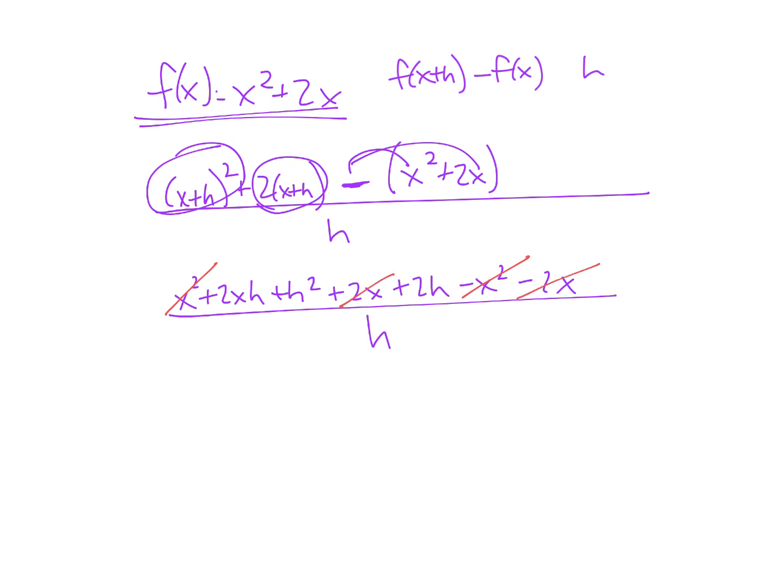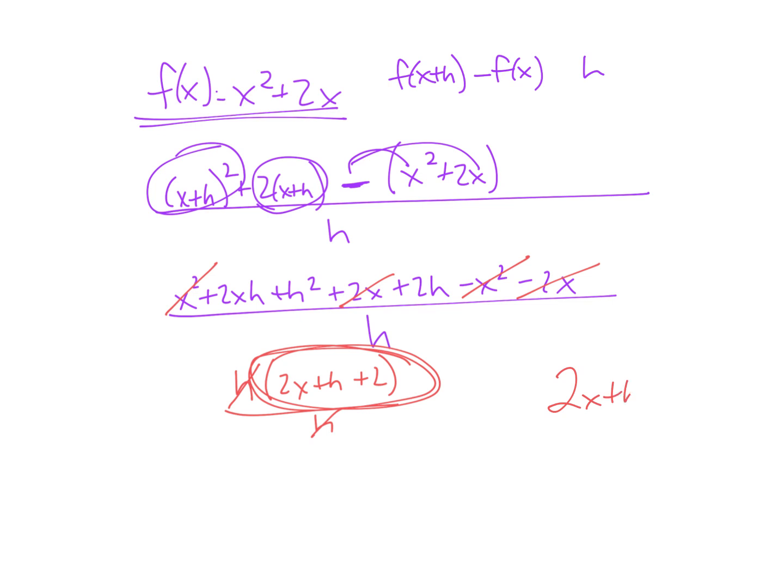That cancels with this. It looks like in the numerator, based on what's left, I can factor out an h, leaving me 2x plus h plus 2 all over h. And then these 2 h's cancel out. So I'll rewrite it: 2x plus h plus 2 is the value of the difference quotient.